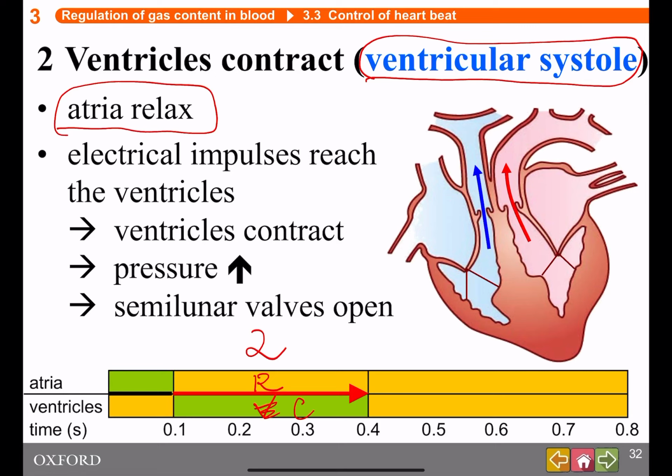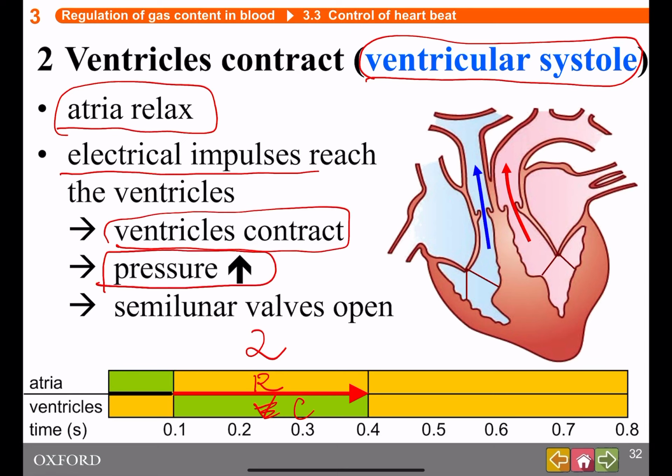Of course, due to the electrical impulse stimulation, the ventricles will contract, causing the pressure to increase, so that the blood here will flow up to the two arteries and force the semilunar valves to open.